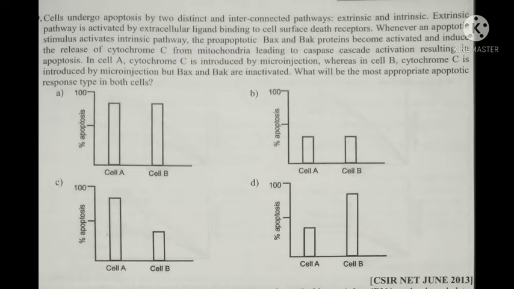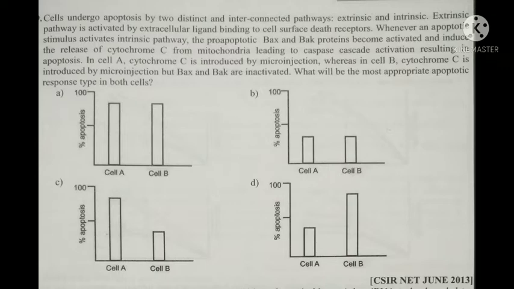In cell A, cytochrome C is introduced by microinjection, whereas in cell B, cytochrome C is introduced by microinjection, but Bax and Bak are inactivated. What will be the most appropriate apoptotic response in both cells?